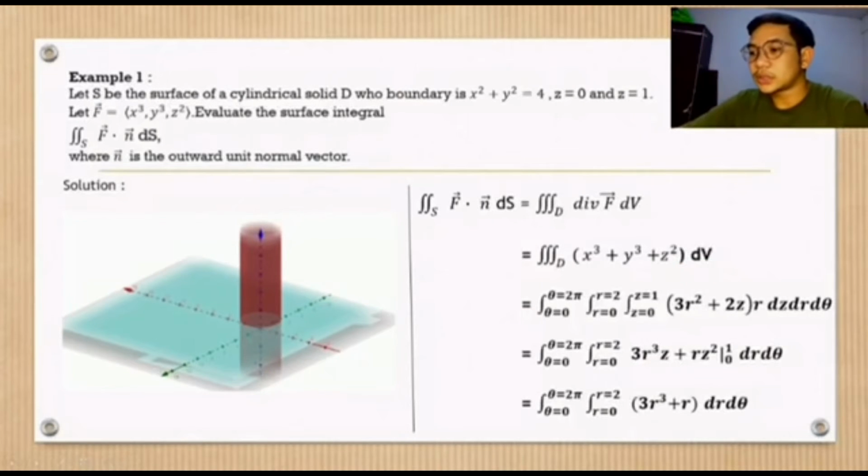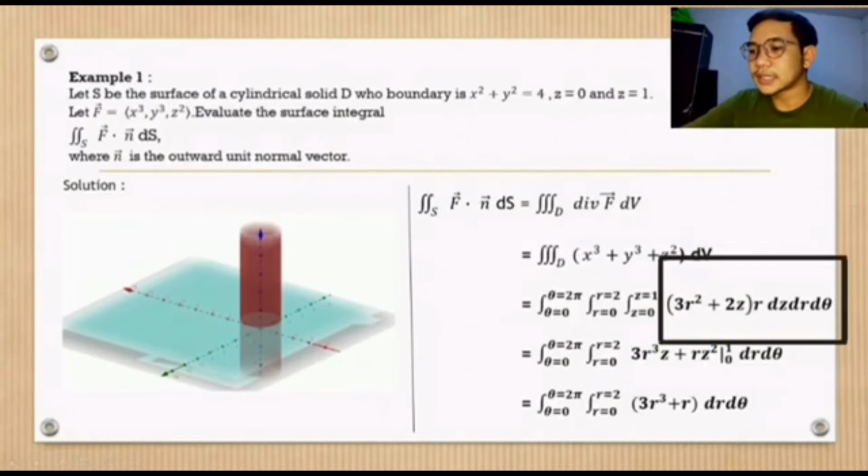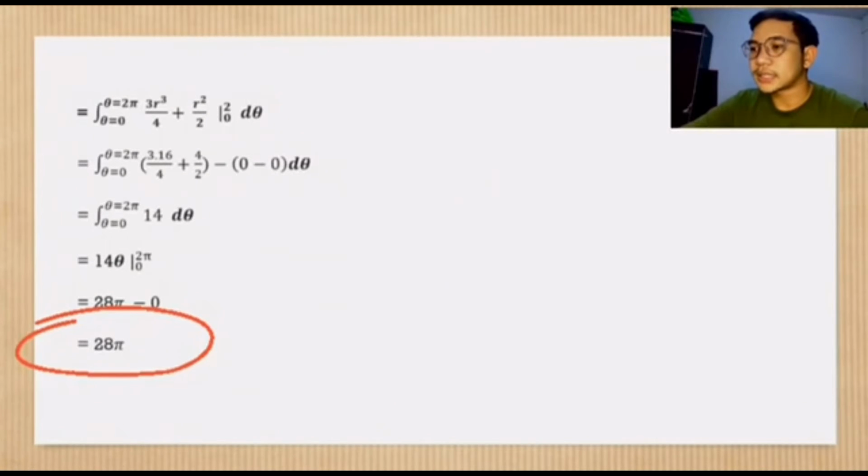Next, we need to turn that dV into cylindrical coordinates, where z is from 0 to 1, r is from 0 to 2 because it is a circle of radius 2, and theta from 0 to 2 pi, and the function we are integrating is 3r squared plus 2z, and then we have r dz dr d theta. So to solve the calculation, we are going to use the knowledge we have learned in engineering 1, and we got the answer 28 pi.